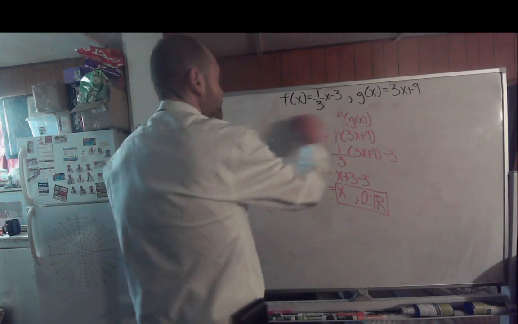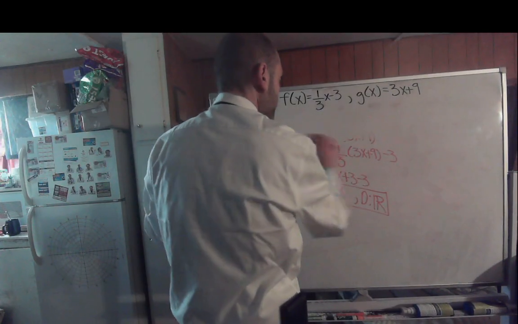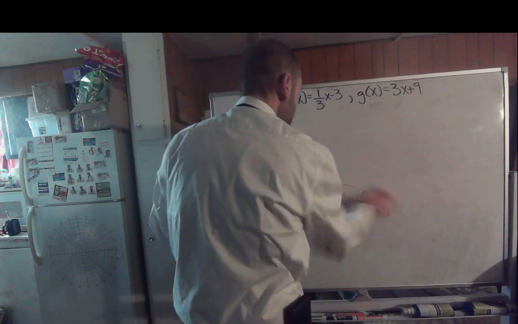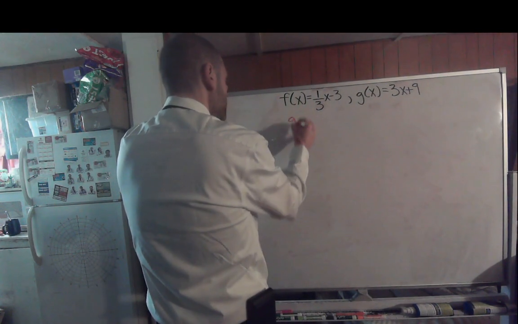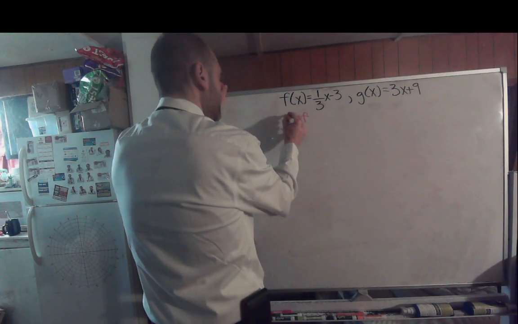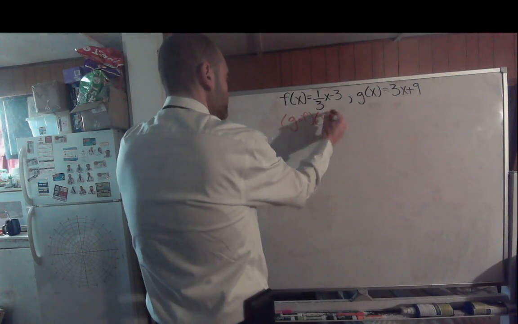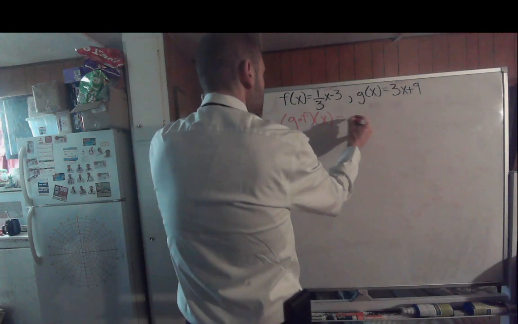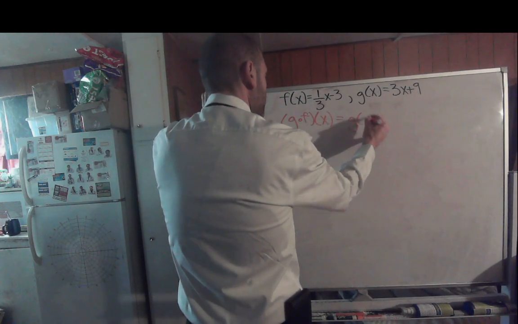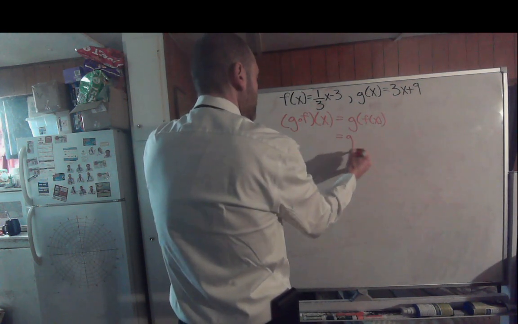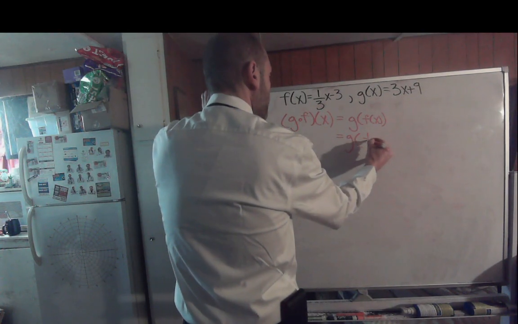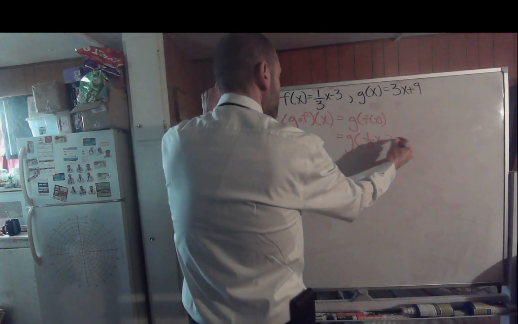And I'm going to prove that, which would mean these two are inverse functions of each other. But we'll delve more into that in the next lesson. So g of f of x, or g composition f of x, that equals g of f of x, which would give you g of 1/3 x minus 3.